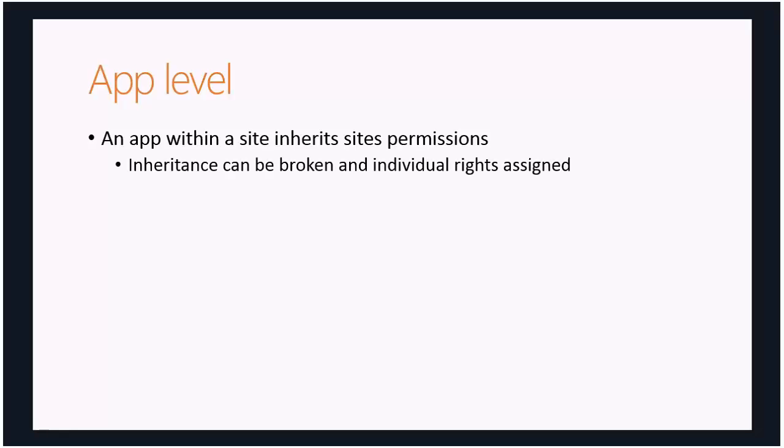Okay. Now, once you've done the site, you can also go in and set it at the app level. So you can go in and set it at the individual document library. Maybe a site is set so everybody can access it, but you want a document library within that site to have unique permissions. It will by default inherit things, but you can go in and break these and change these after the fact to configure them the way that you want.